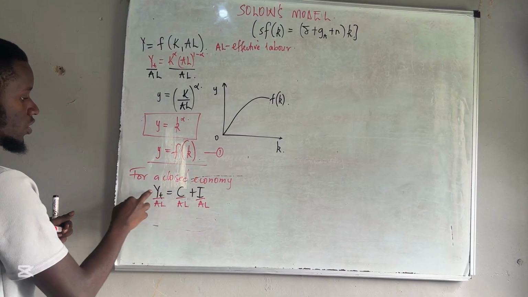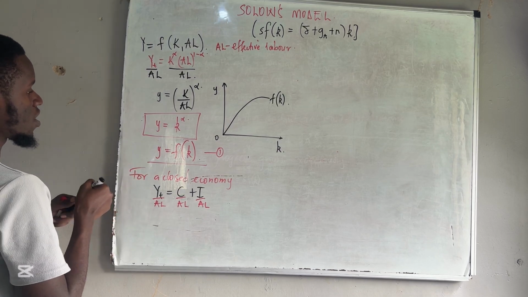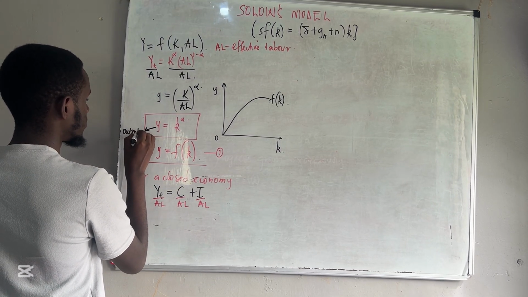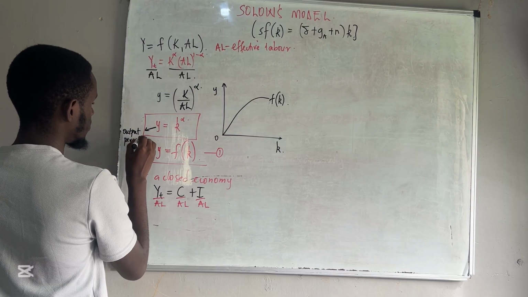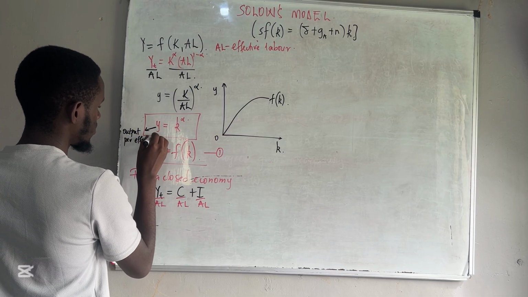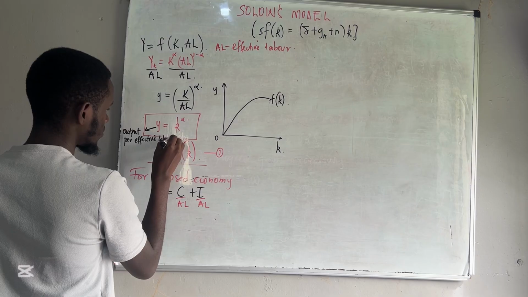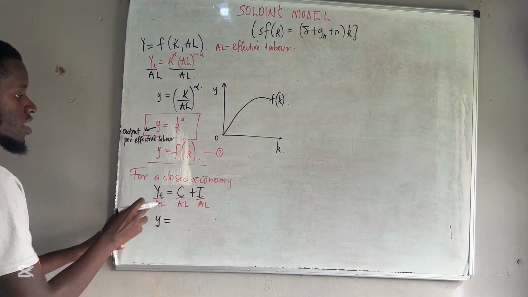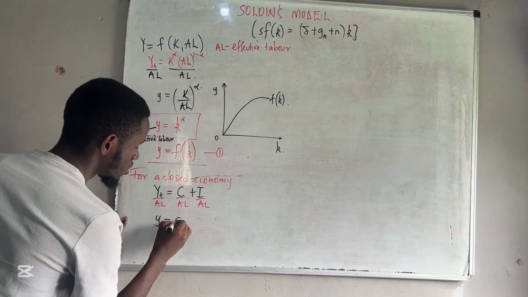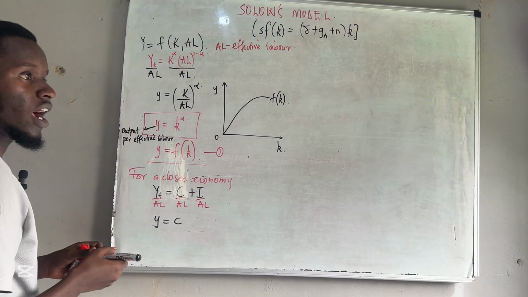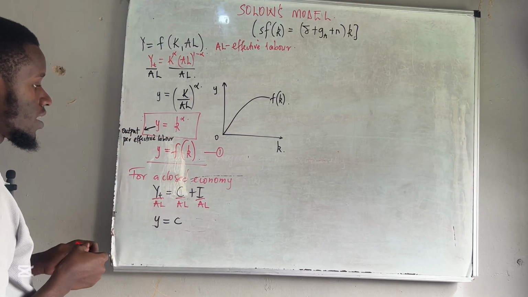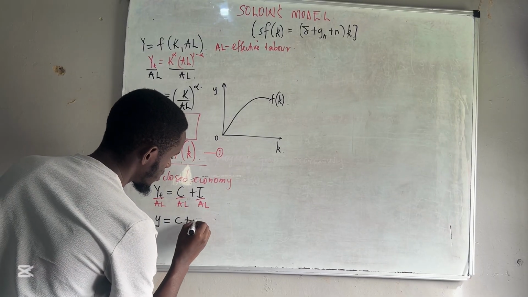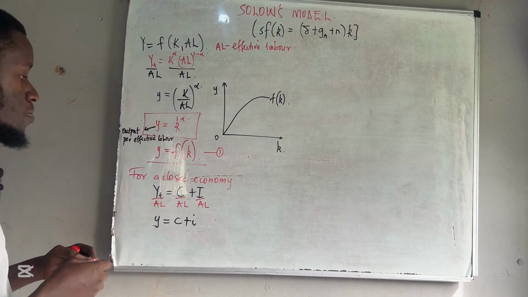We shall have Yt over AL, which we called output per effective worker, or effective labor. Therefore, output per effective labor equals C over AL, which we denote as small c, meaning consumption per effective labor, plus I over AL, which we denote as small i, investment per effective labor.